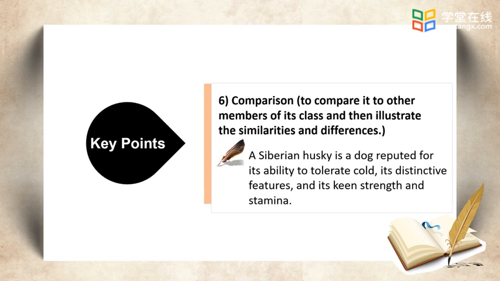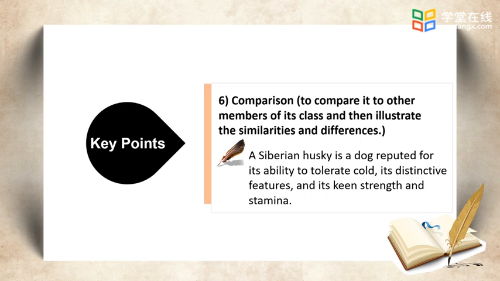The sixth method is comparison. To define a term, we can compare it to other members of its class, and then illustrate the similarities and differences. These differences are special characteristics that make the term stand out.